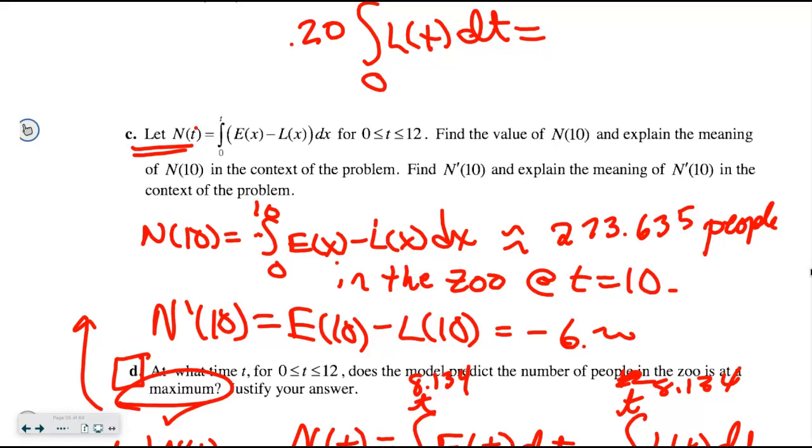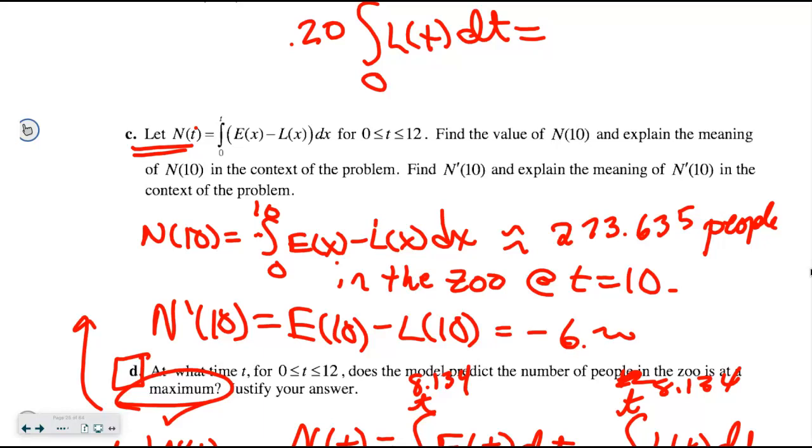Okay? So if the derivative of my people in the zoo function is negative, that would be the rate that the people are changing. Yes. It'd be the number of people in the zoo is decreasing by 6 point blah blah blah people per hour.